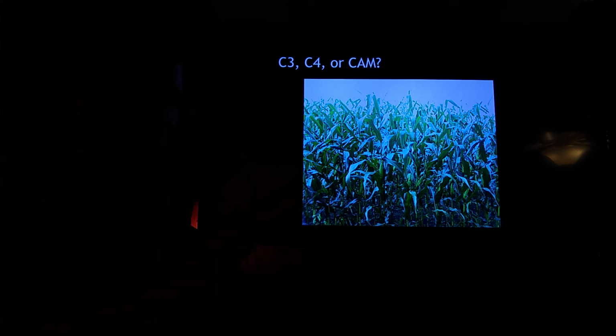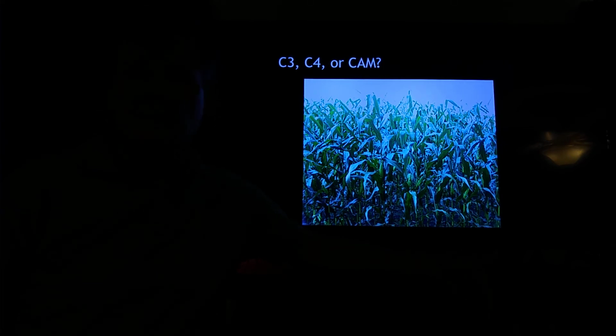The leaf on a corn plant looks like a giant blade of grass, because what is corn? Corn is giant grass. So what kind of plant is this? C3, C4, or CAM? Grasses are C4 plants.